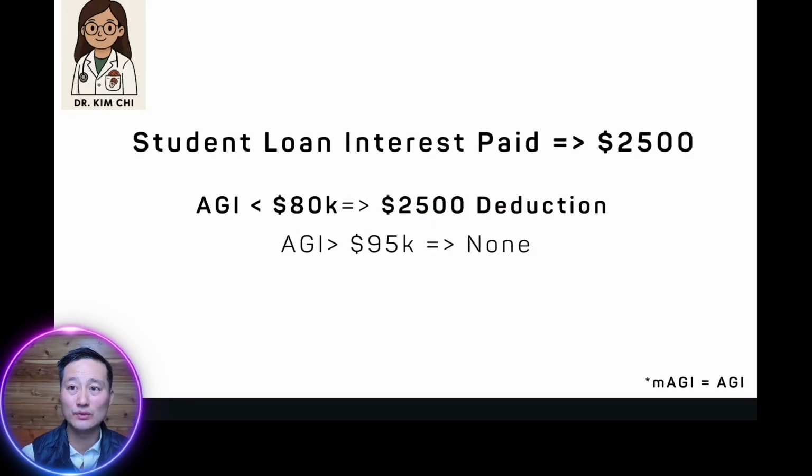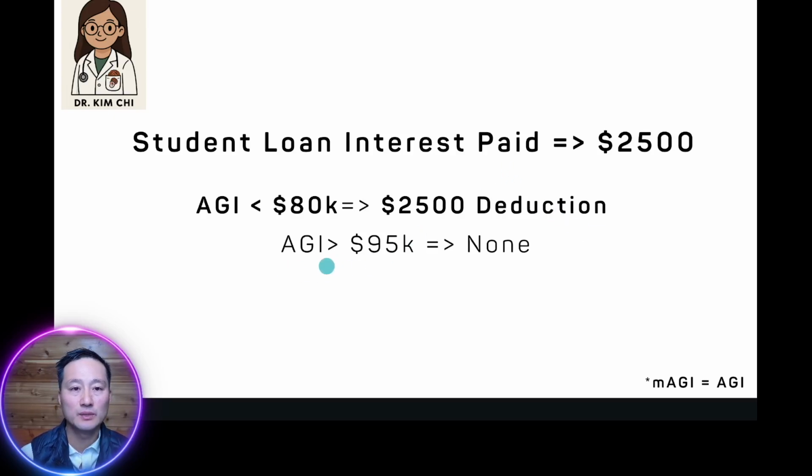Dr. Kimchi knew that only if she kept her AGI below $80,000, up to $2,500 of student loan interest payment could become an adjustment deduction. That's exactly what she did. She created above the line deductions through business expenses, brought her AGI below $80,000, and she paid $2,500 in student loan interest, and that became her additional adjustment deduction.